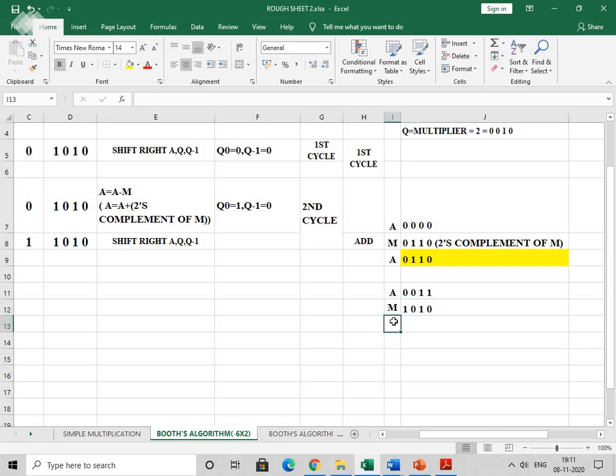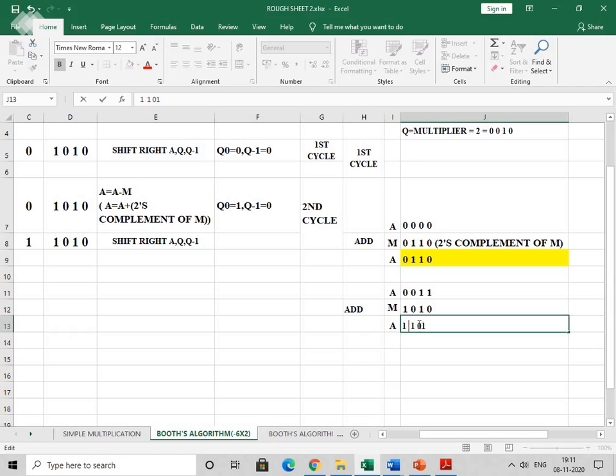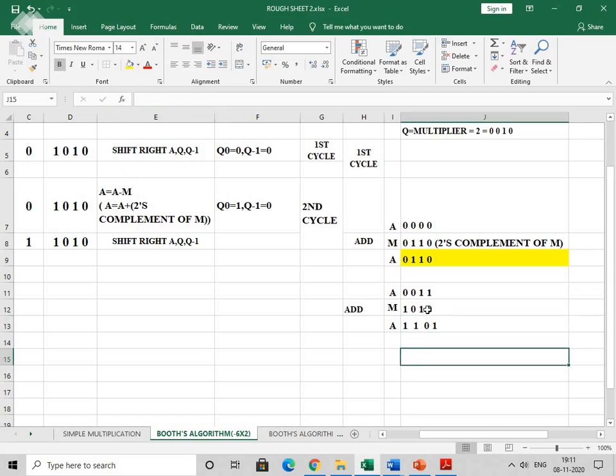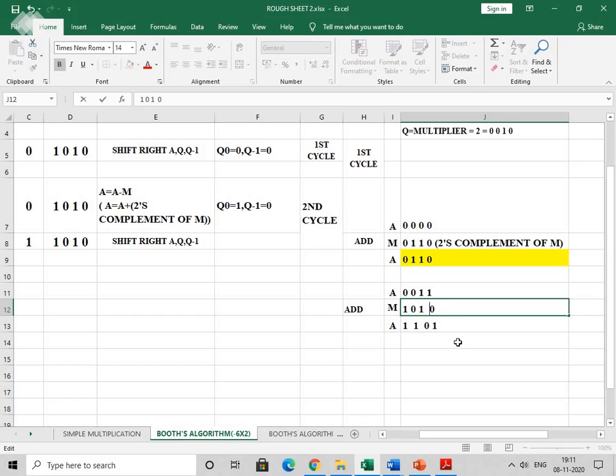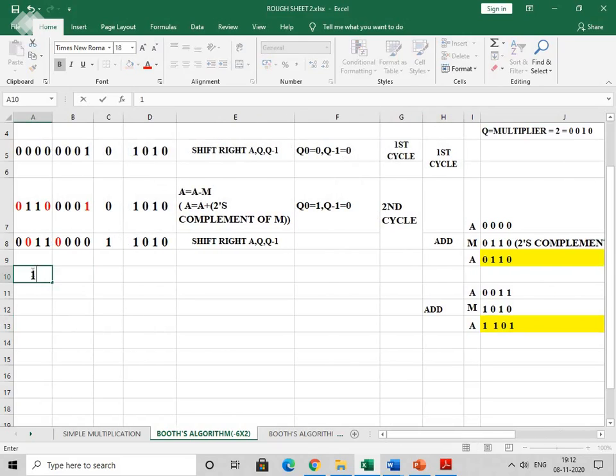Now after addition, the result is stored in A. So after addition, I will get 1 1 0 1. You are going to follow the truth table of addition. So this value of A, put it here: 1 1 0 1.